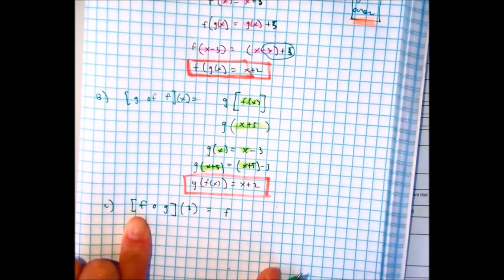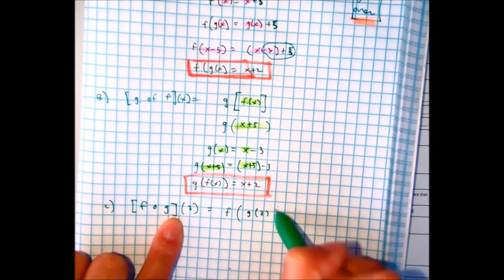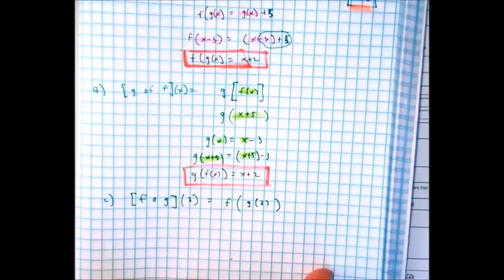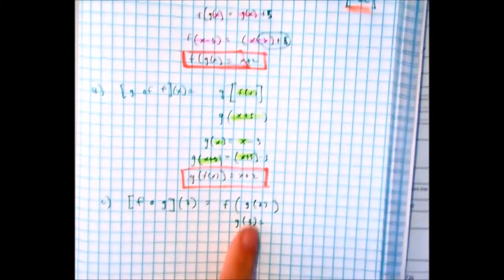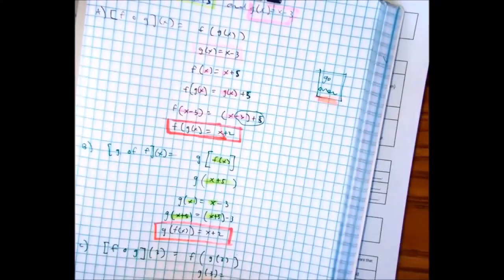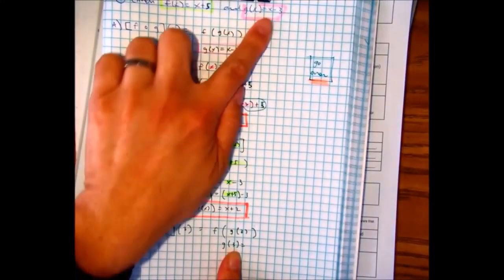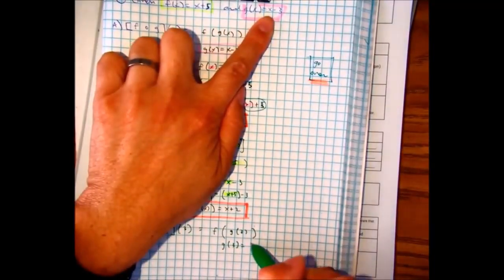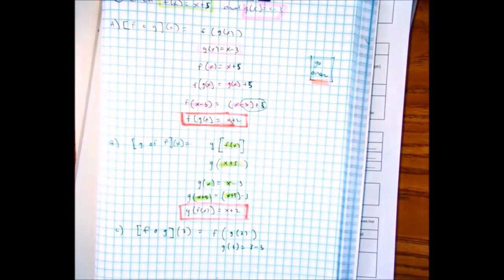F is on the outside. G of 3 is on the inside. So g of 3 means put in 3 for every x value for the function of g. So up here, instead of x minus 3, it'll be 3 minus 3. And 3 minus 3 is what, class?